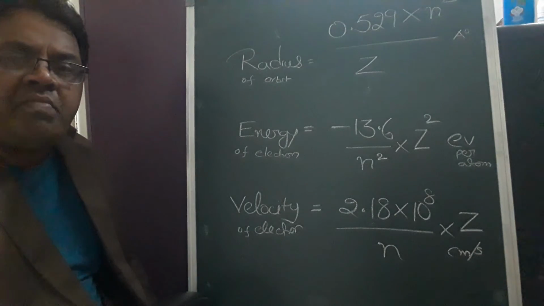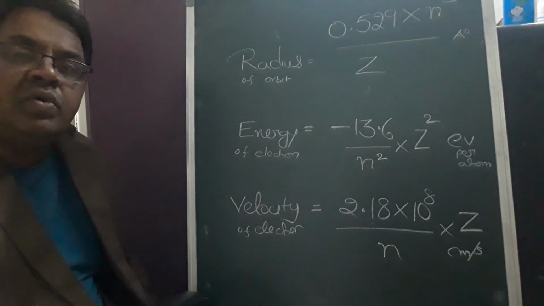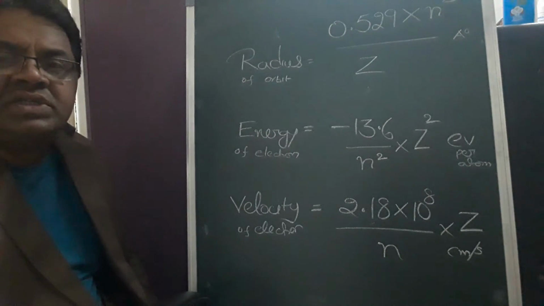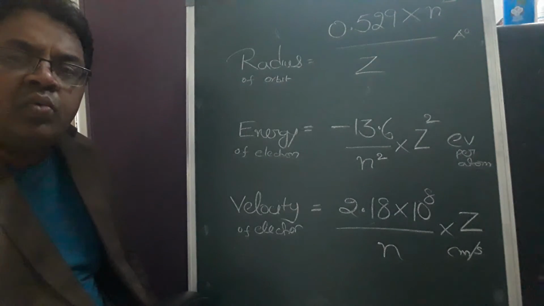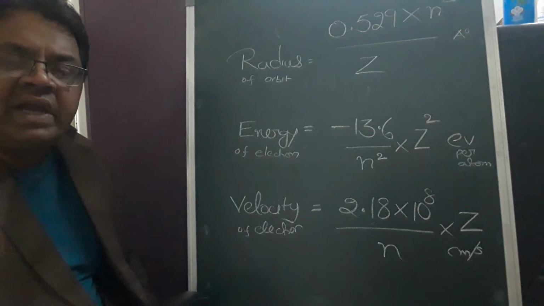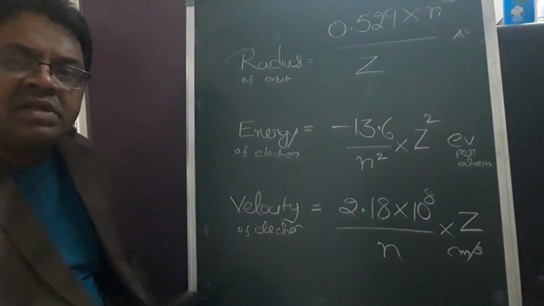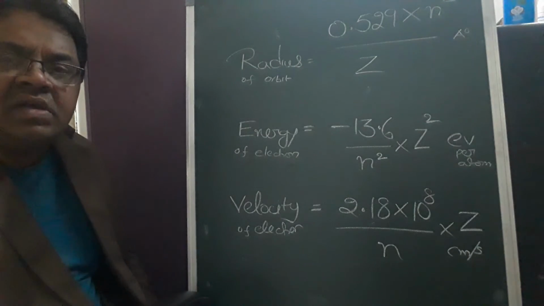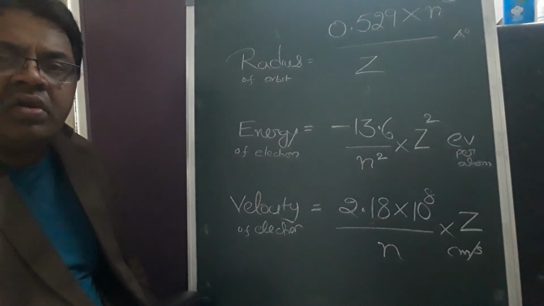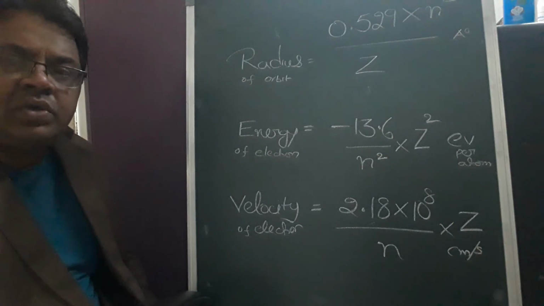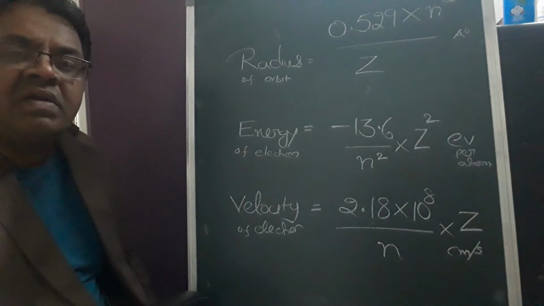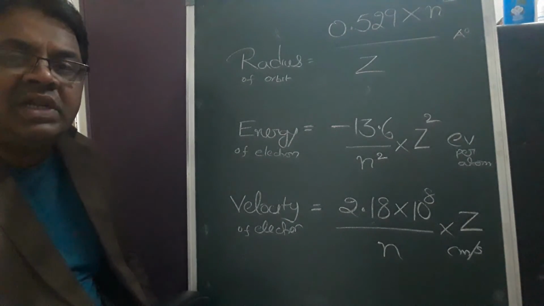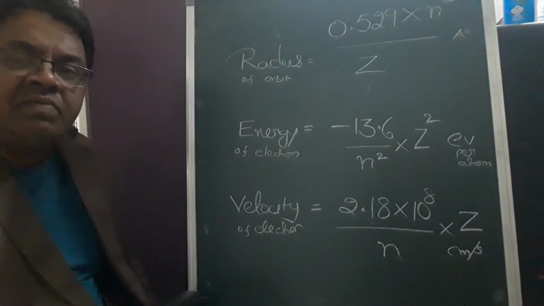Then if you see the drawbacks, the main drawback of Bohr's model is that it cannot be applied to multi-electron systems, because it is applicable only to one-electron systems like He+, Li2+ and Be3+. All these ions, after losing their electrons, become single-electron species. He actually contains two electrons, but after losing one electron it becomes He+. Li2+: its atomic number is 3, but after losing 2 electrons it has 1.